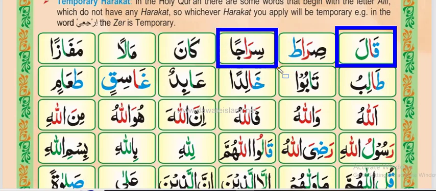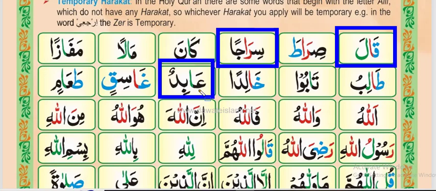So the next example we can do is this one. Sin, kasra si, ra, alif, fatha ra, sira, jim, double fatha jan, sirajan. Over here again alif is a heavy letter because it has fatha behind.